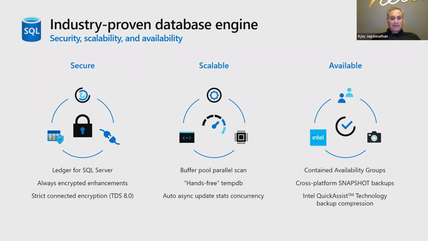We've invested in the parallel scan feature, which will significantly improve the speed on these large systems. And TempDB, I think we have finally solved years of problems with TempDB, with different types of contention we have addressed over the previous releases. And in this one, we are addressing the system page latch contention, which basically means now you don't have to spend hours and hours trying to tune TempDB.